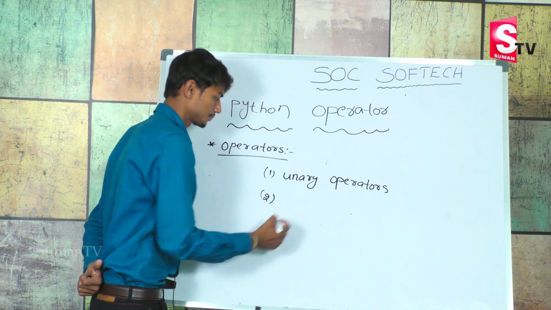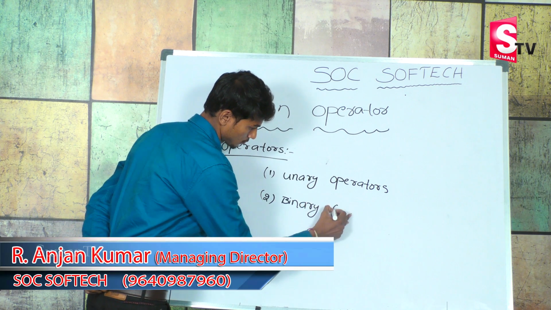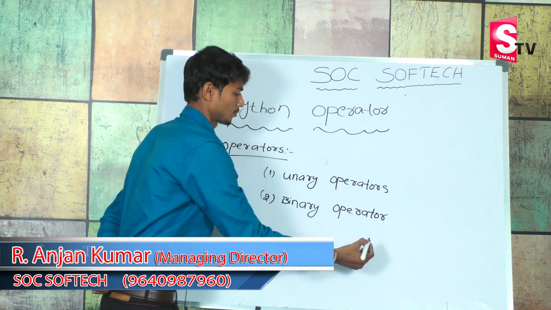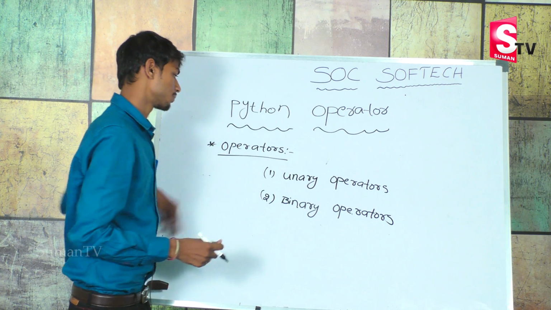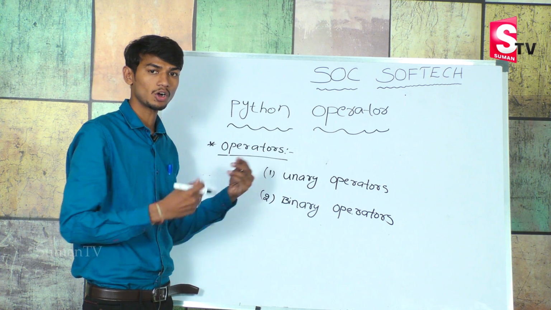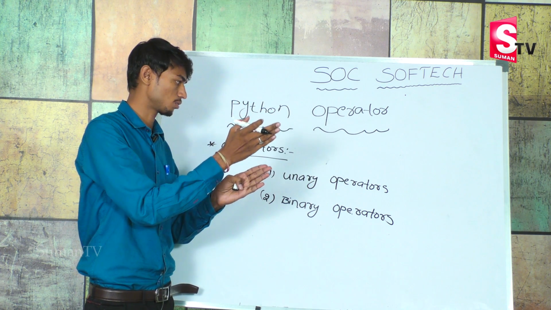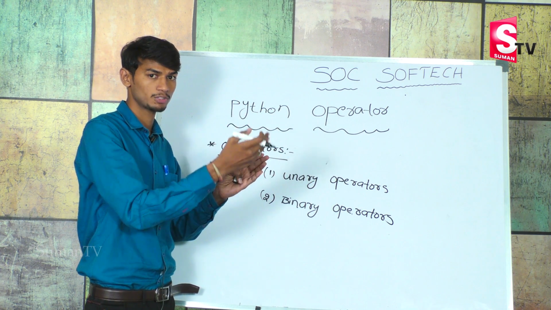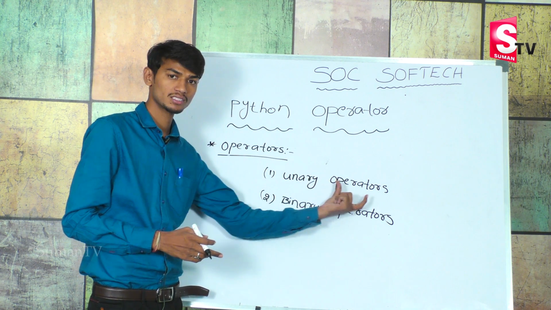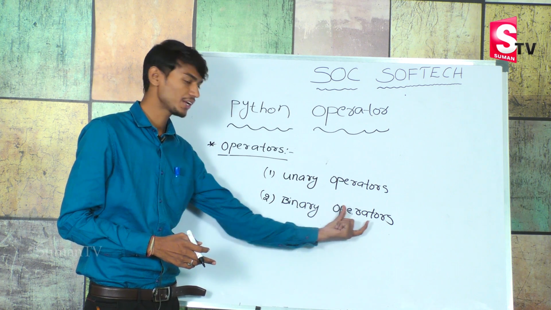The second one is binary operators. Clear? So that means, based on the number of operands participating in the data processing, the operators are two types: the first is unary operators, the second is binary operators.